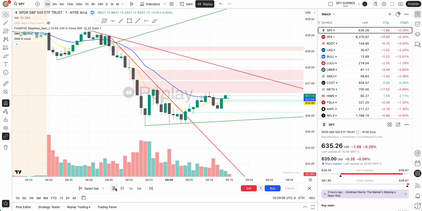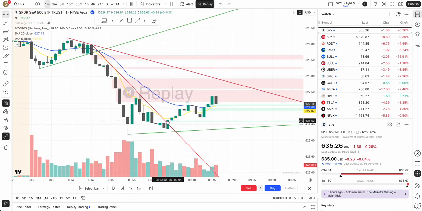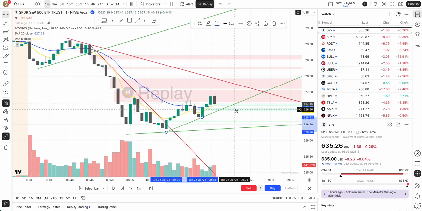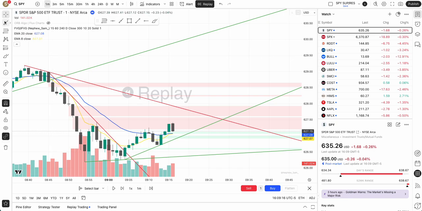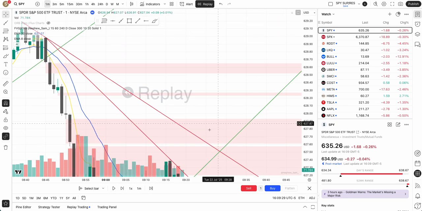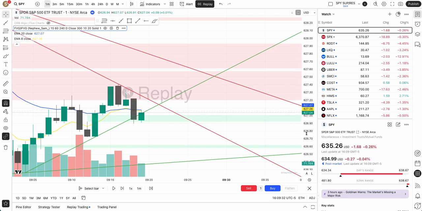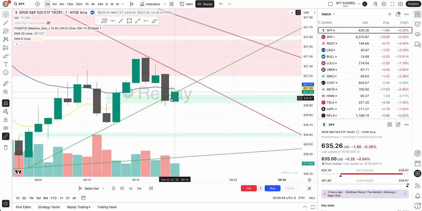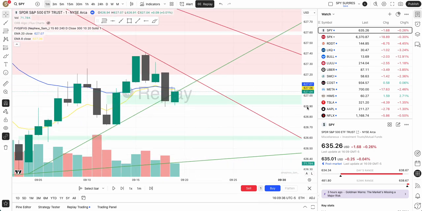Here, if you weren't in the puts, you do not enter calls yet, because this yellow line is still below the blue. Okay, this one would have.